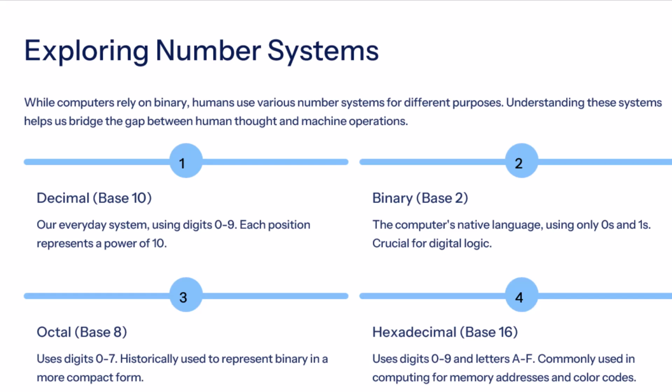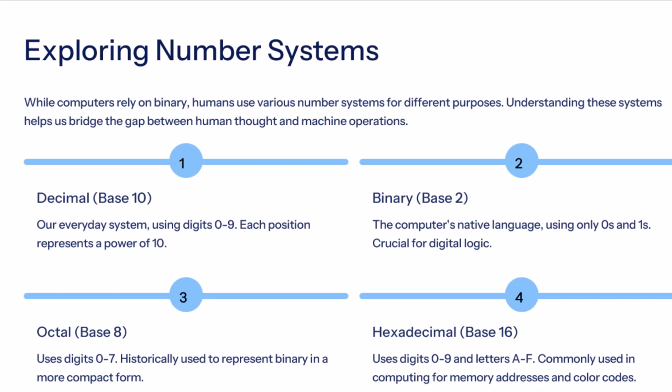So, exploring number systems, you have to understand how computers communicate. The first number system is the decimal, base 10, which is our everyday system. We use digits from 0 to 9, and each position represents a power of 10. Binary is the native language of computers, the zeros and ones. We shall see that in later videos.